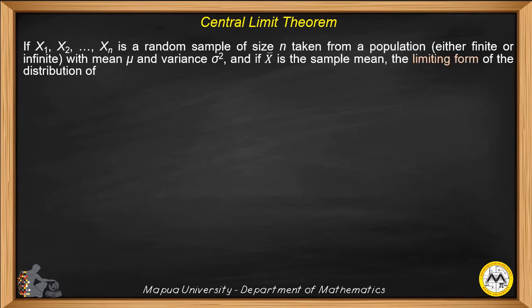If x1, x2, up to x sub n is a random sample of size n taken from a population, either finite or infinite, with mean mu and variance sigma squared, and if x bar is the sample mean, the limiting form of the distribution of the standardizing formula z, which comes from x minus mu over sigma, would now have x be x bar, mu is still mu, and sigma is now sigma over square root of n.